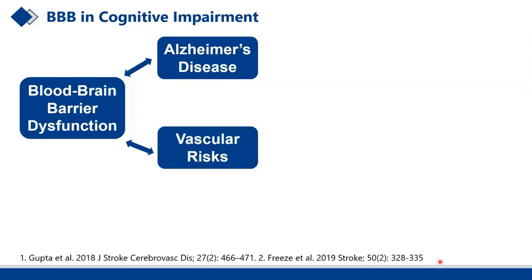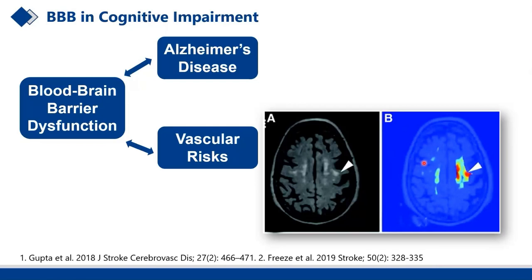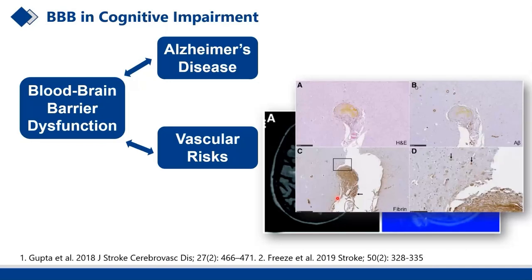In addition, BBB dysfunction is related to vascular risk factors. For example, in areas with white matter hyperintensity, we saw an increase in the BBB permeability. And there are also some studies associating this BBB dysfunction with increased perivascular spaces.